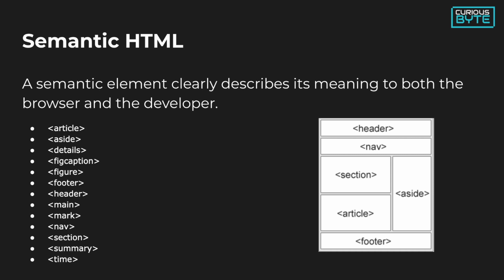An article is for a post, like a blog post, so you can have multiple of those. An aside shows a bit of content to the side, like a side menu, and then the footer, obviously. So Semantic HTML describes what the element is being used for, and it tells the browser specifically what it's being used for.